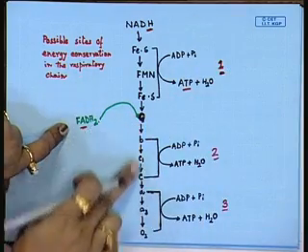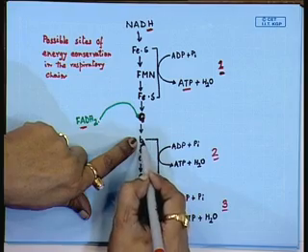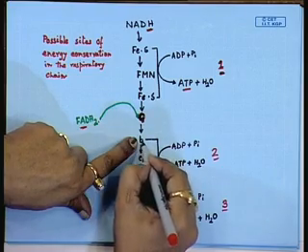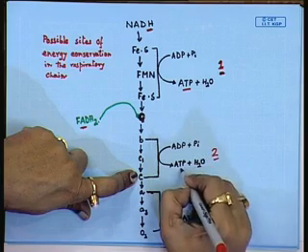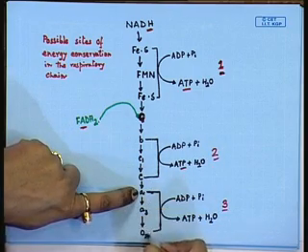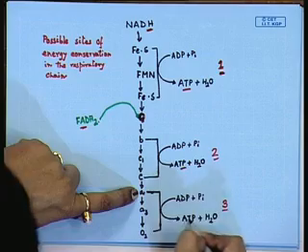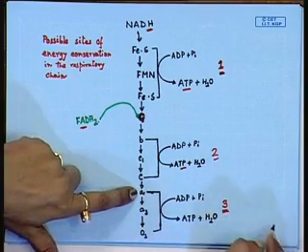Now, this chain is continuing, and when it is going through cytochrome b and cytochrome c, the second molecule of ATP is getting generated, and when it is coming to cytochrome a and molecular oxygen, another molecule of ATP is being synthesized.